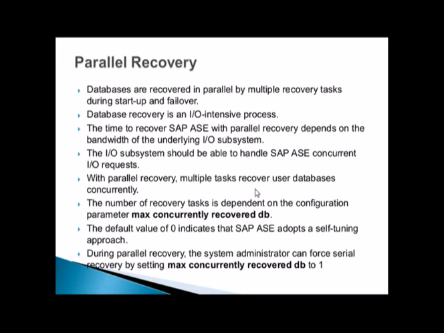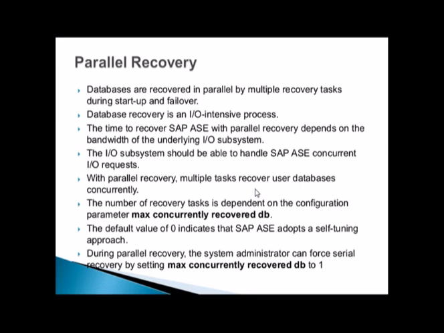If you know your operating system very well and it can handle concurrent connections and parallel recovery operations, then definitely you can change this value to recover the database faster. So obviously the DBA has to take a call on this issue.